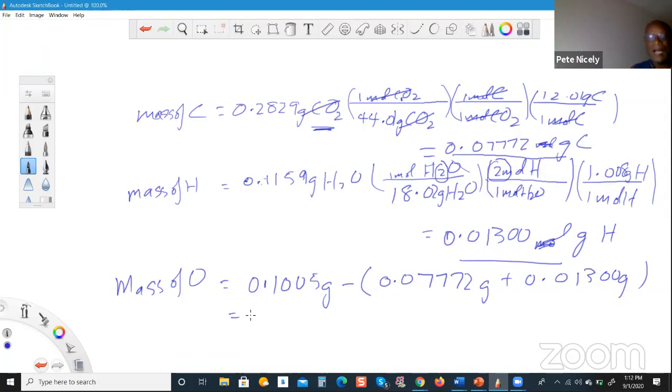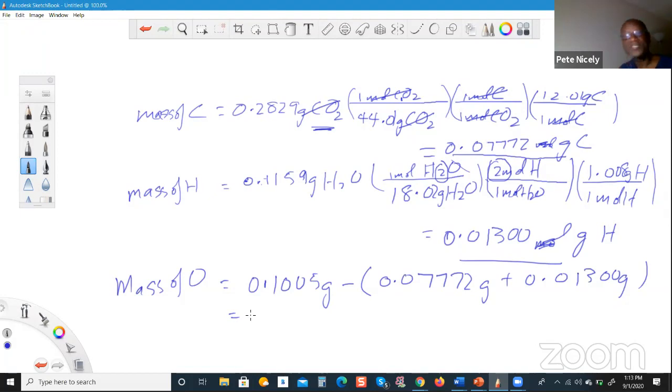So what I'm going to do is work out what's within the parentheses first. 0.07772 plus 0.01300. And then I'm going to subtract that from 0.1005. Okay, what did I do wrong here? Let me do this again. 0.07772 plus 0.01300.